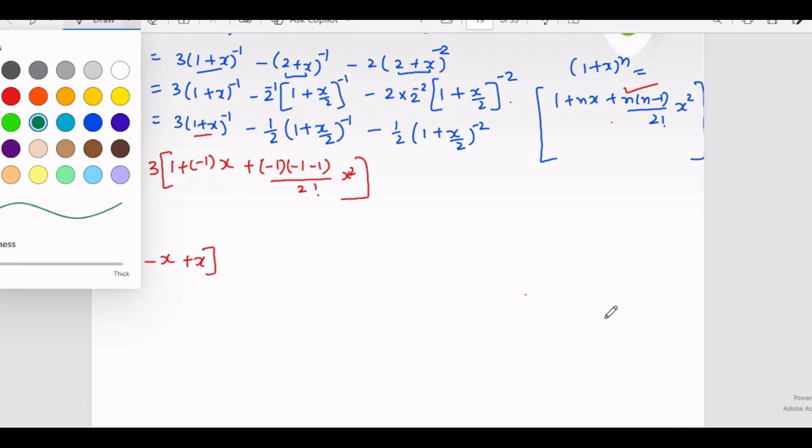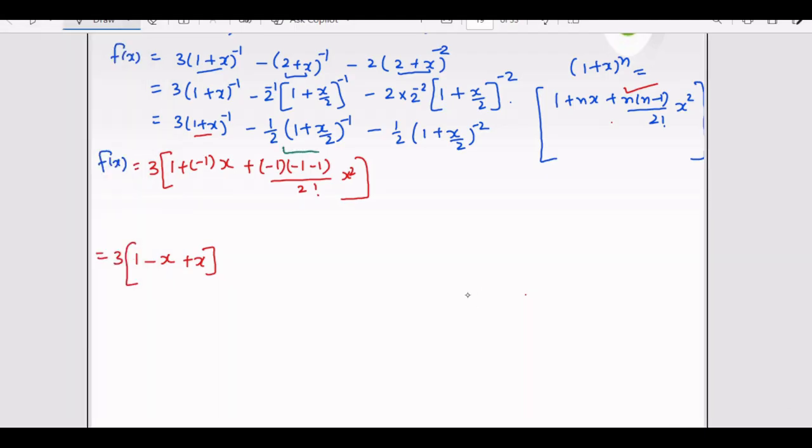Okay, so the second term here is this one. So this was actually minus 1 over 2 remaining outside, and inside we have 1 plus nx. n is negative 1 and x is x over 2. So 1 plus nx, then n into (n minus 1), minus 1 into minus 2, over 2 factorial, into x squared, where x is now x over 2, so x squared over 4.